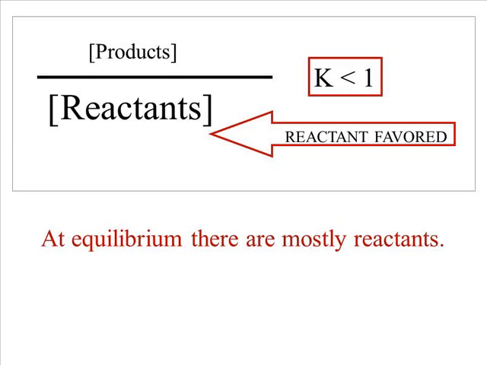If you have very few products at equilibrium and mostly still reactants, then you're reactant favored, or equilibrium lies to the left and K is less than 1, meaning at equilibrium you have mostly reactants still. You have not gone very far forward in your reaction.